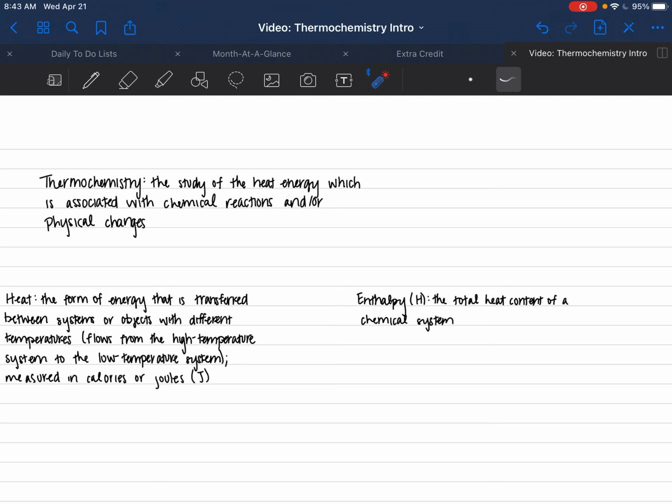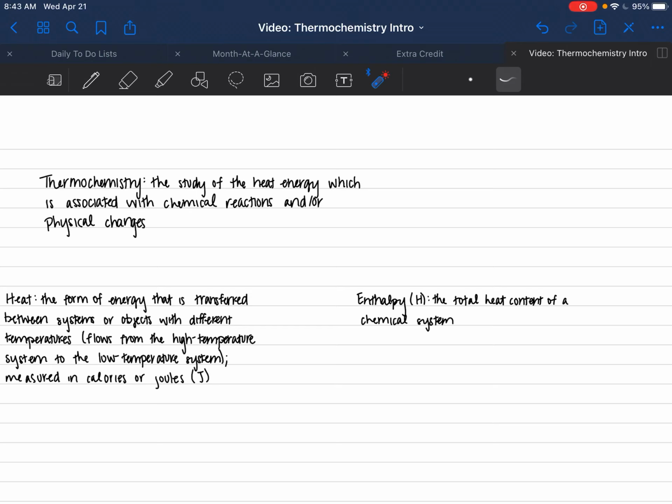So for example, when you're talking about physical changes, if you want to melt ice to form water, that's going to require an increase in that thermal energy. So you are going to have to add heat to that system in order to break those bonds and melt that ice, to break those hydrogen bonds. So thermochemistry, study of heat energy, which is associated with chemical reactions and or physical changes.